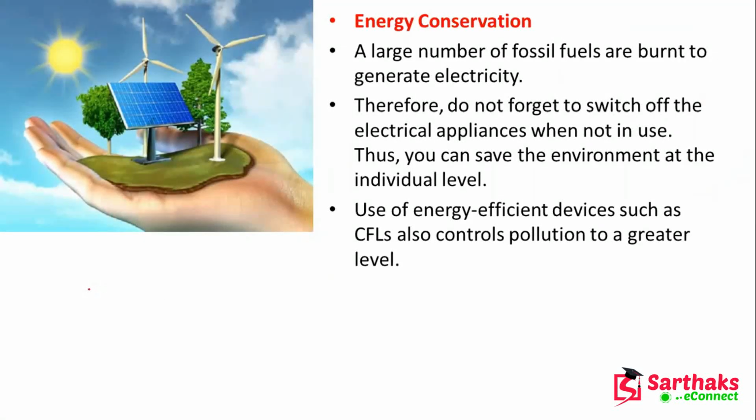So this is the most important method, because a large number of fossil fuels are burned to generate electricity. In the thermal plant, we know that we use coal, petroleum, these types of oils.